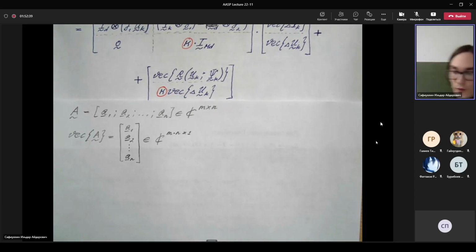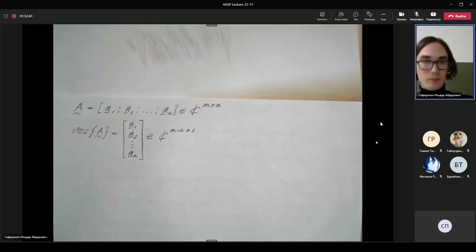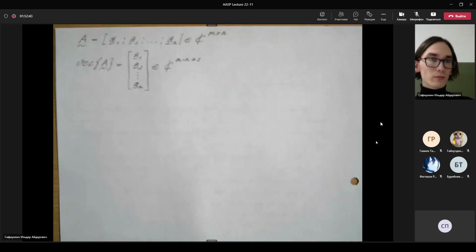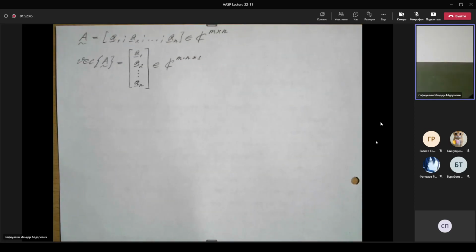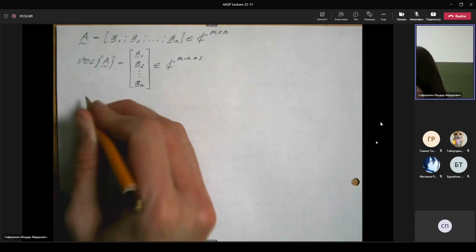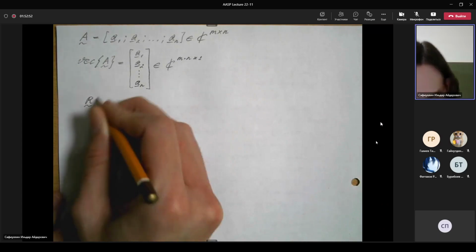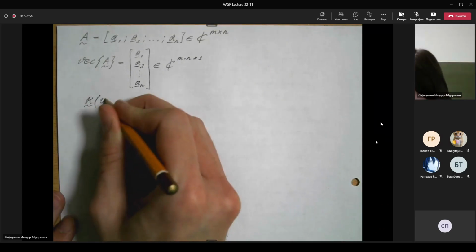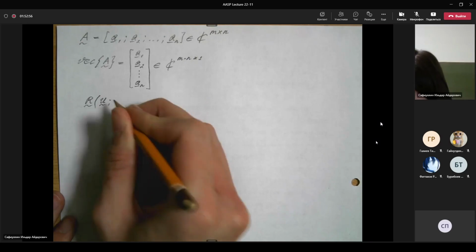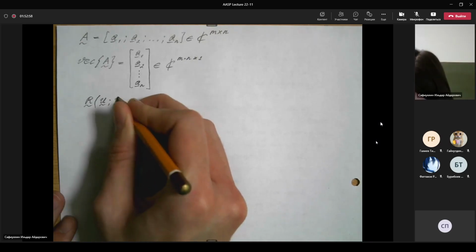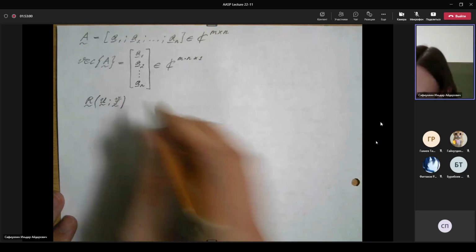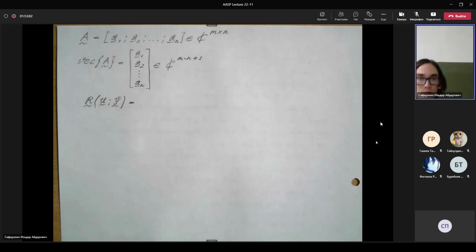Then what we have for residual? These are functions of U and Xi. So let me check.